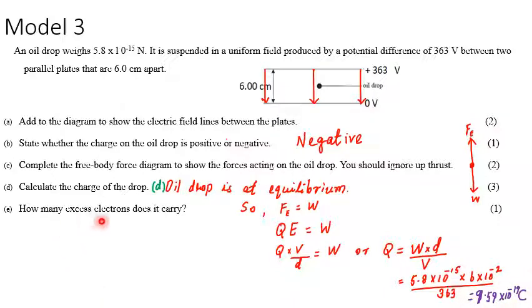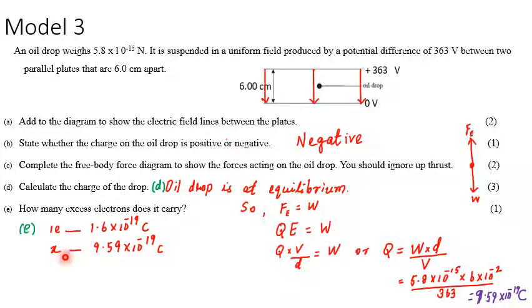And the next question is asking how many excess electrons are there in order to achieve this much charge. To proceed, we can use the information that the charge of one electron is equal to 1.6 times 10 to the power minus 19 coulombs.